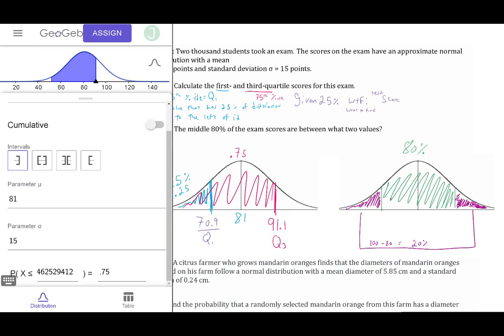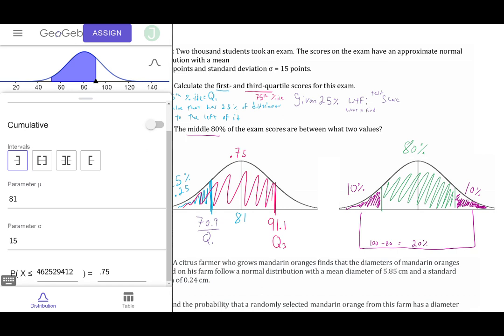And since we're talking about the middle 80%, and these graphs are symmetric, then each of these regions is going to be 10%. So we can just talk about this really quickly. 10% plus 80% is 90%, plus 10% again is 100%.